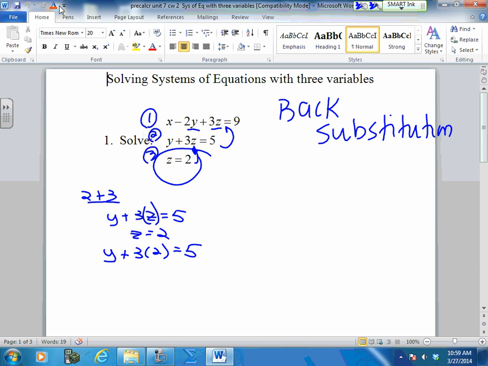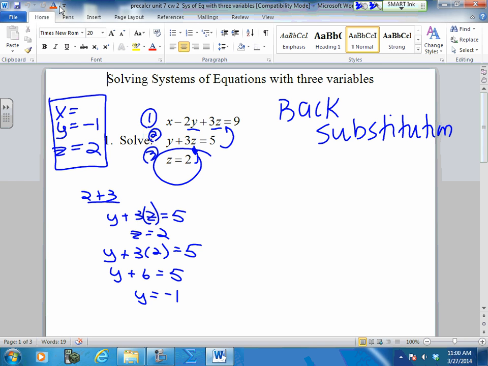You need to keep your work as organized as possible. So we're going to subtract 6, and y is -1. And it's a good idea to make a box and put your answers one at a time as you get them. So we know what z is.